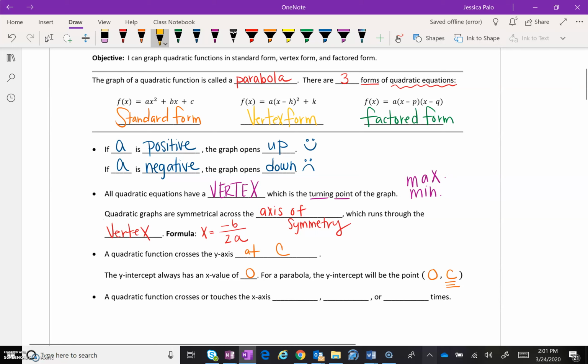A quadratic function crosses or touches the x-axis 0, 1, or 2 times. So it has 0 roots, 1 root, which would be the x-coordinate of the vertex, or 2 roots, which would be your 2 zeros of the graph, which would be your 2 x-intercepts.